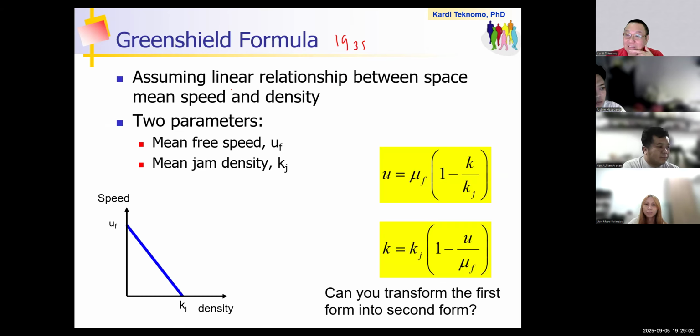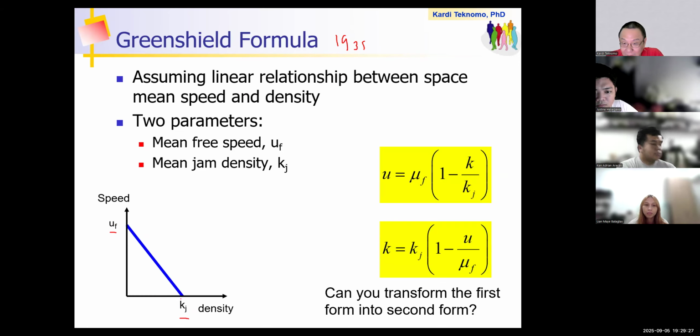This assumes a linear model between speed and density. You have here UF, the free flow speed, practically the maximum speed, and Kj, the jam density.